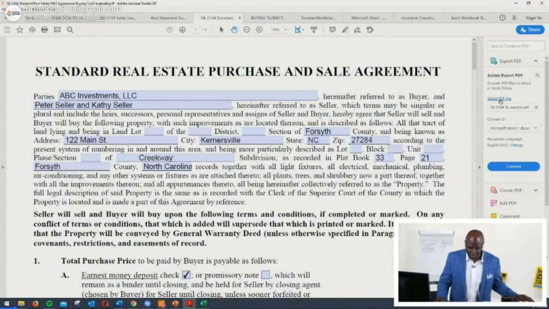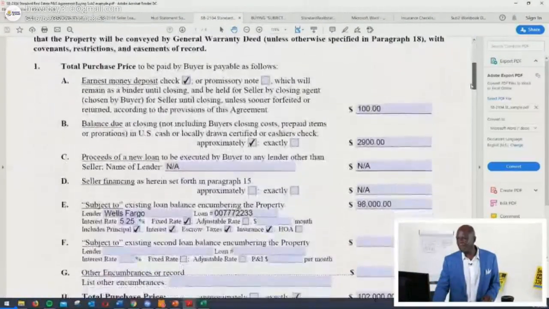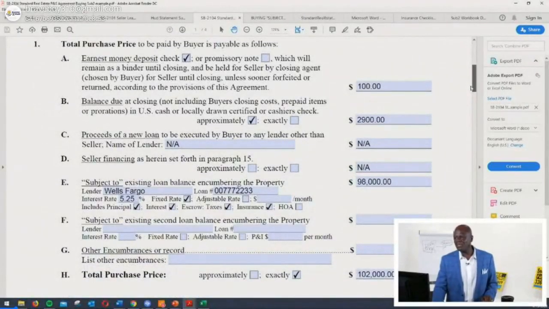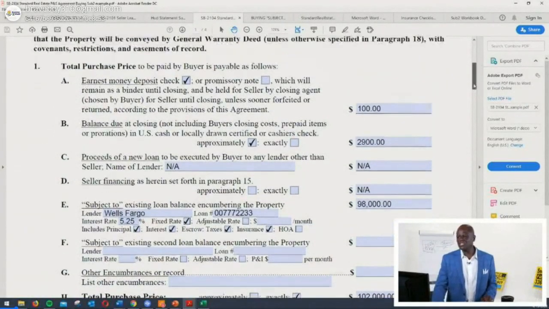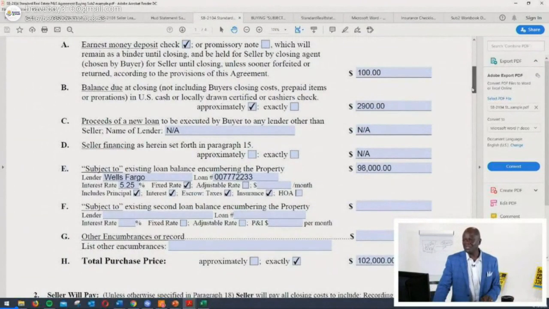Balance due at closing, if there's going to be a balance due. In this particular case, we were giving the individual some money. We gave them $100, because basically we're giving them $3,000 as part of us taking over their property subject to. So balance due at closing, $2,900.